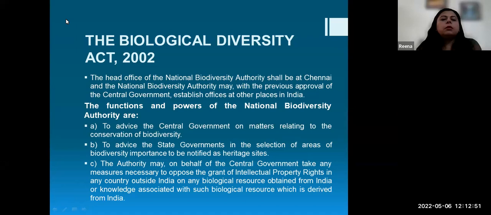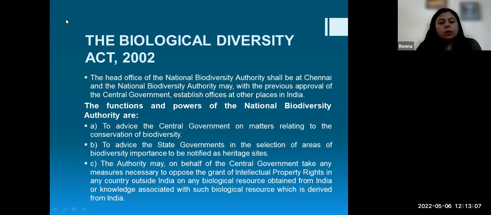I'm just giving you an example. If you go to the Ministry of Environment and Forests site, there are annual reports on the actions and projects taken up for the protection of biological diversity in that financial year.